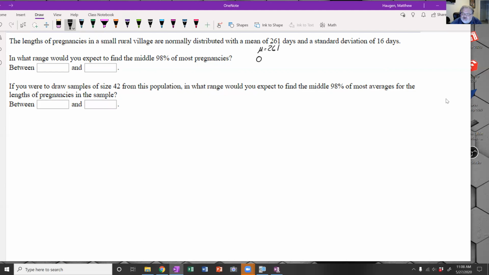So we're told an average and a population standard deviation. We're used to questions like this from chapter 7. In what range would you expect the middle 98% of pregnancies to be? So where's that middle 98%?